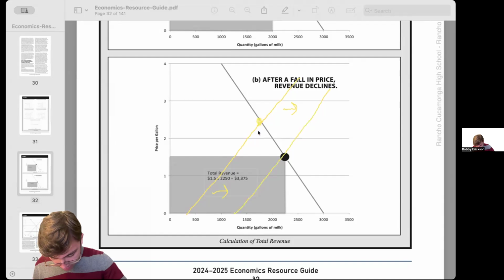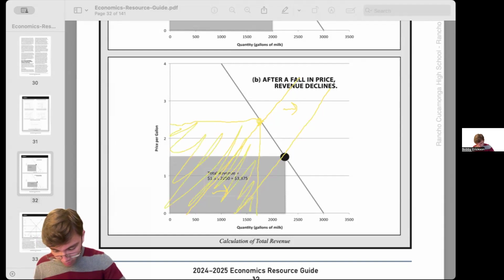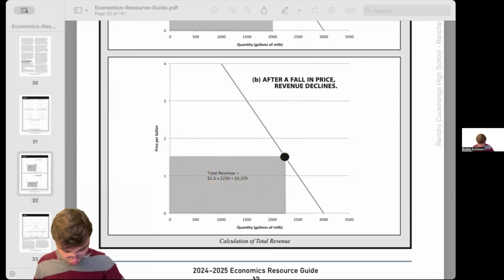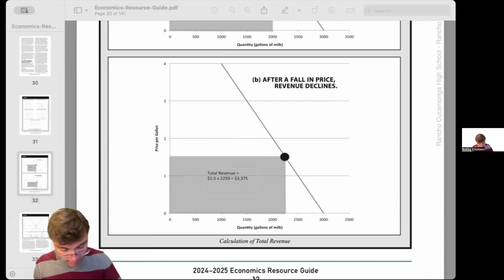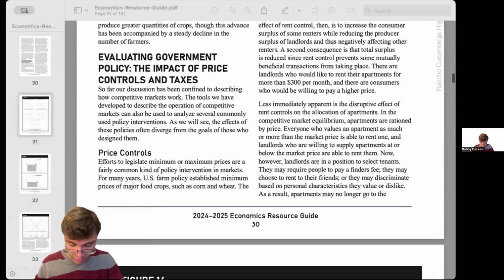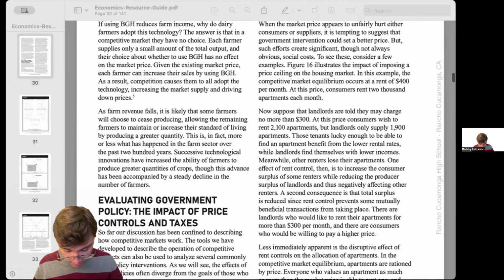So our original revenue was here, and we know we're going to have a greater revenue in this giant box than we will in this new box because it's relatively inelastic. And so we see that the farmers, by introducing BGH, are decreasing their overall revenue. And so why would we ever want to introduce something that decreases our revenue?